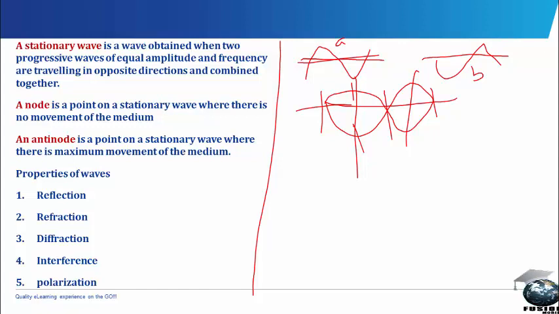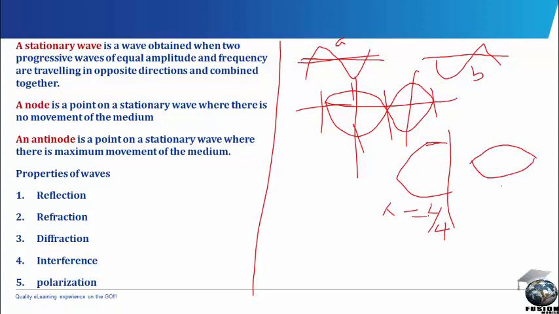So from a node to an antinode, we have wavelength lambda equal to L/4, while from node to node we have lambda equal to L/2.